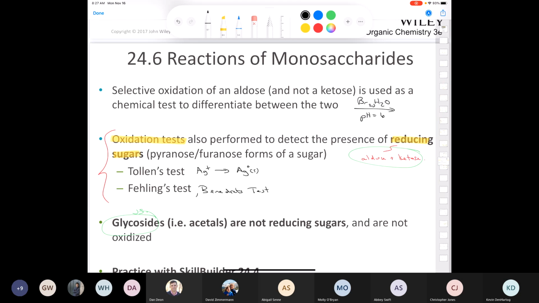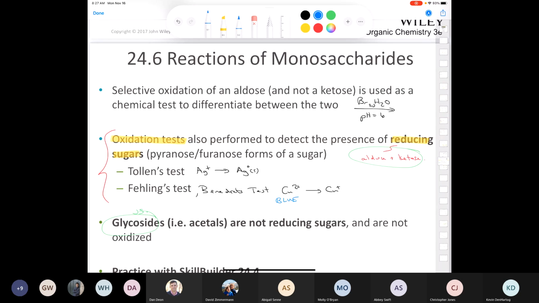Same thing applies to Benedict's and Fehling's tests. In both of those, you start with copper 2, which has a blue color, like a Windexy blue solution, the color of blue Windex. I guess there's different colors of Windex now. But anyhow, what happens is when you reduce copper 2 plus to copper 1 plus, copper 2 plus is blue, okay?